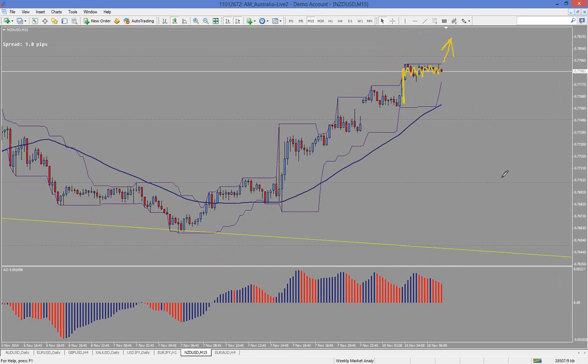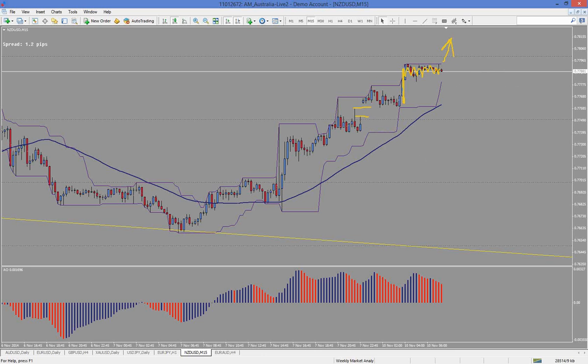So if it does break above that, don't get stubborn on it. Stop yourself out if you're going to try and trade that space. I'm not a gap trader, but I do have a lot of friends who are. But most of them are already out of all gap trades by about this time on a Monday. So keep that in mind.